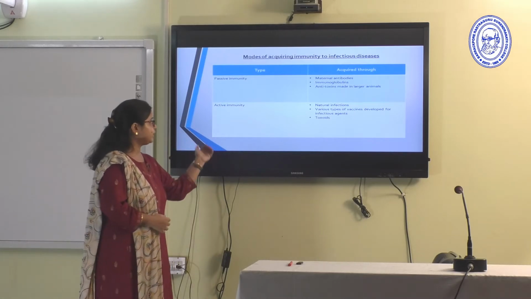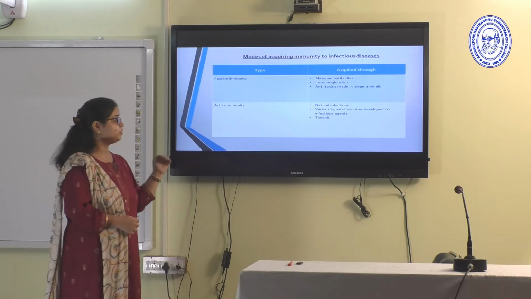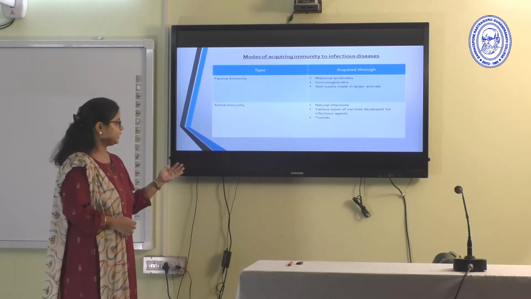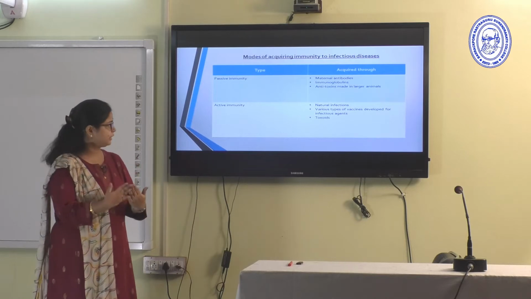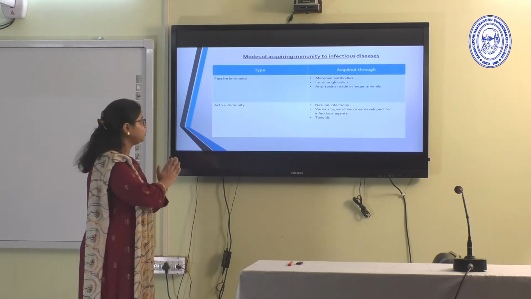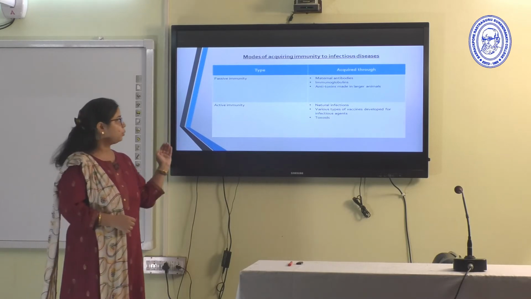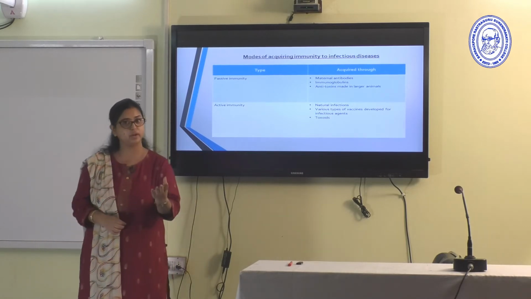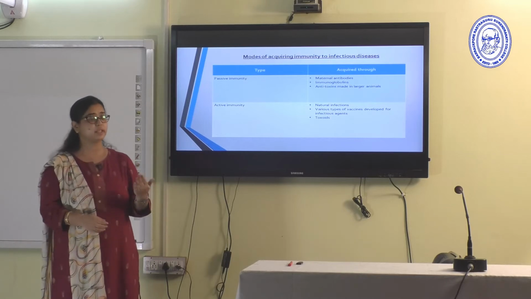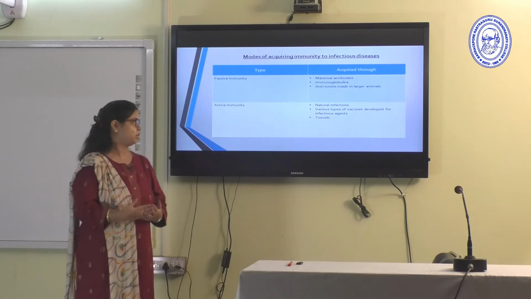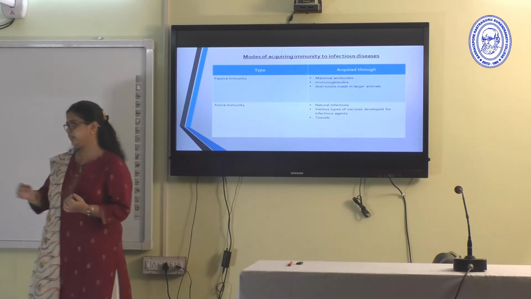Another can be from an artificial source, like toxoids, as we know tetanus toxoid. A very good example of active immunity is the vaccine, where we give dead or weakened microorganisms, and then the body grows its own antibodies against that microorganism. Let us go into detail a bit.